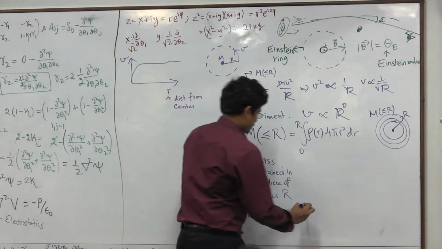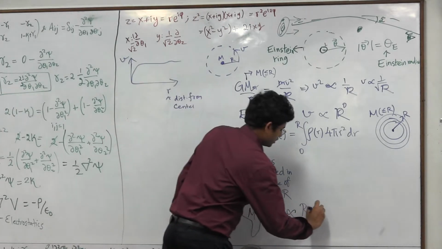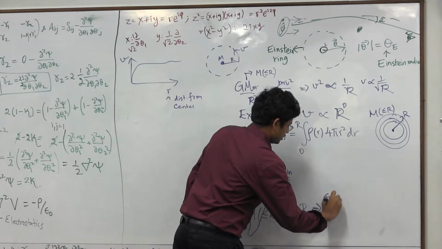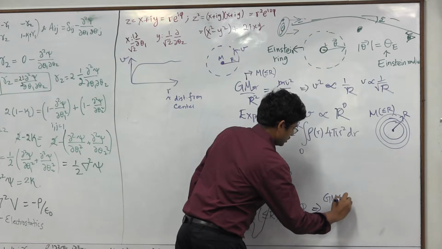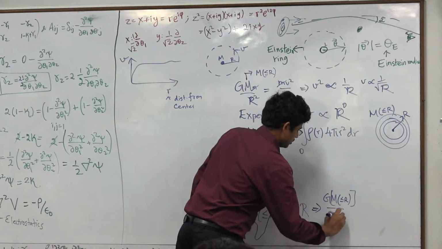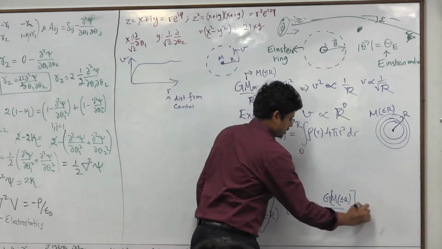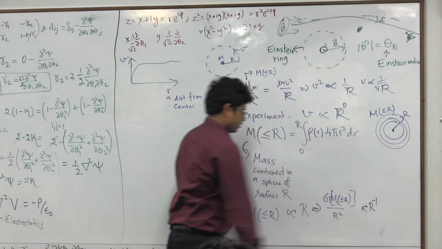So all that I am saying is, if this was true, this would mean GM over r square will have a functional dependence that goes as r power minus 1.